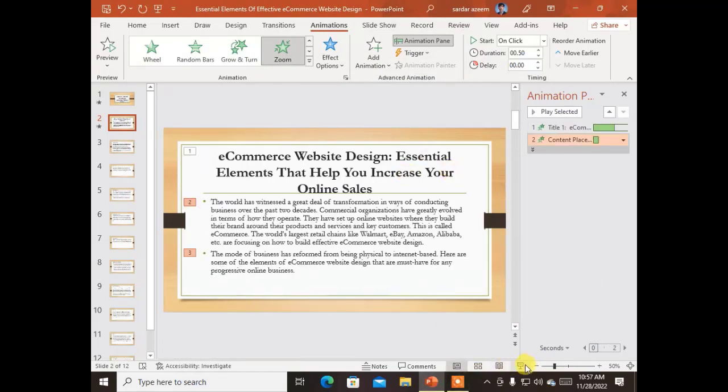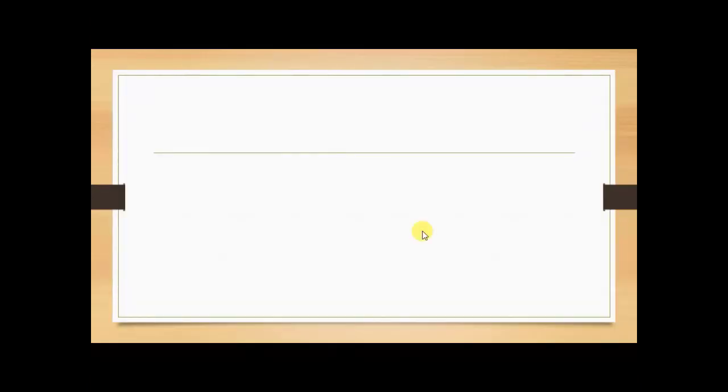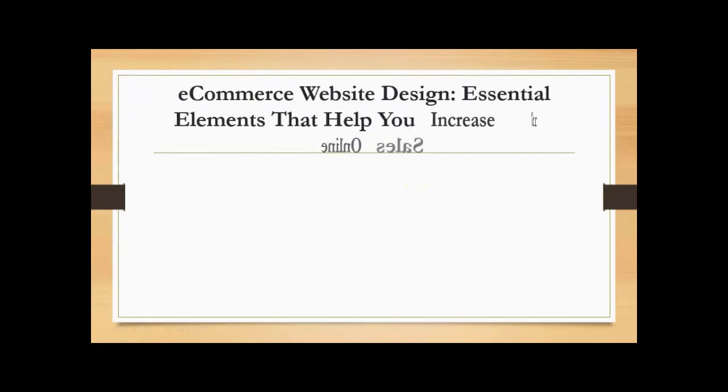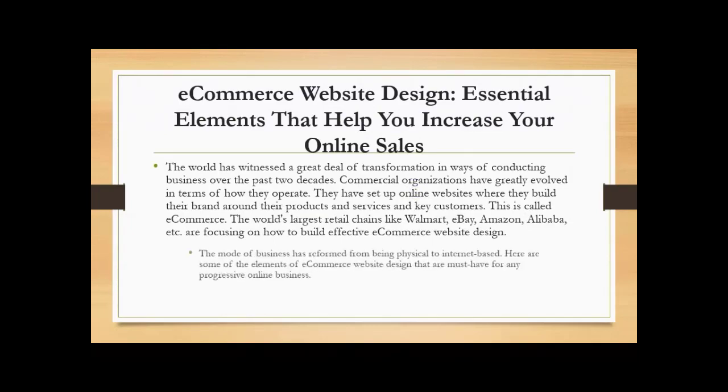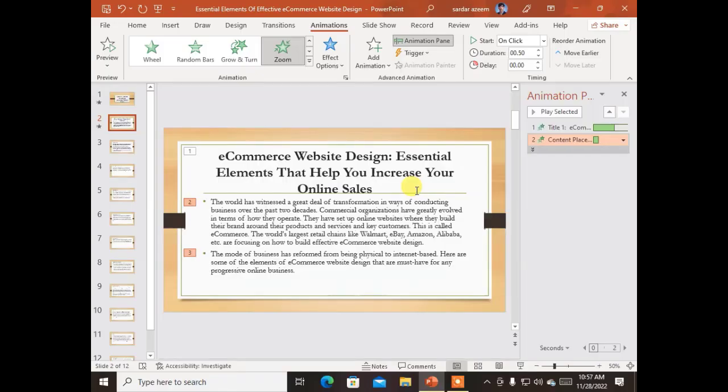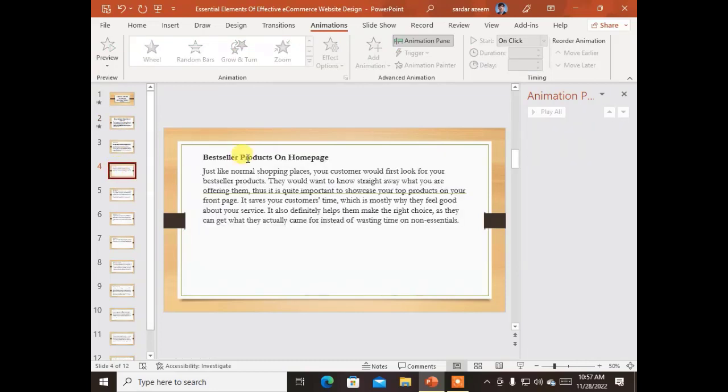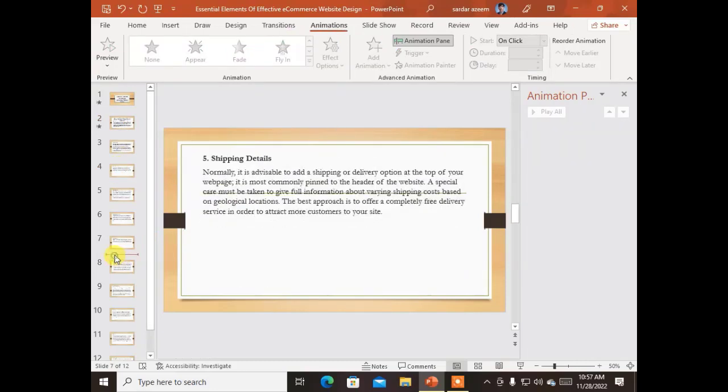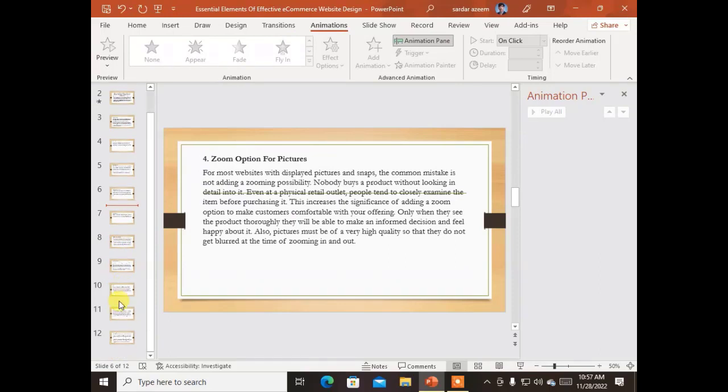Now we want to check it in the slideshow. Let's see what is happening. This is the way you can apply the animation. Now we have some more animations also over here.